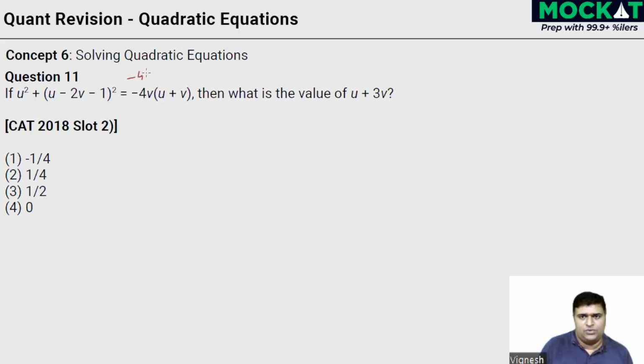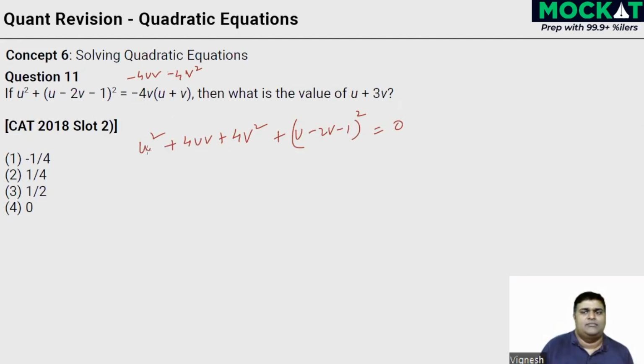It is minus 4v square. What if I take it to that side and merge it with u square? What am I getting? U square plus 4uv plus 4v square plus u minus 2v minus 1 the whole square equals 0. I've brought it to this side over here.